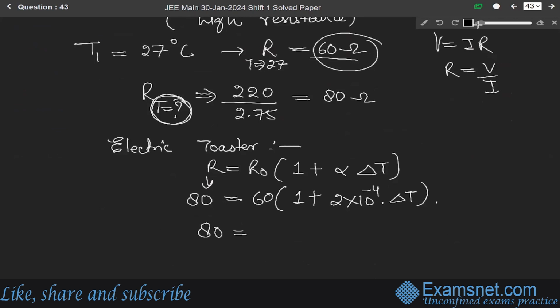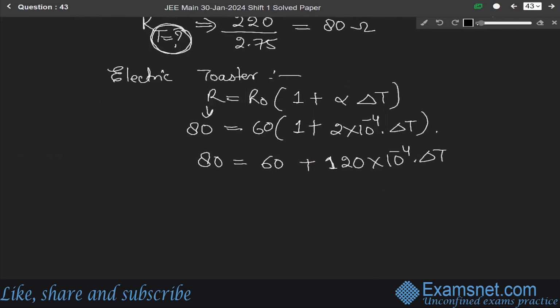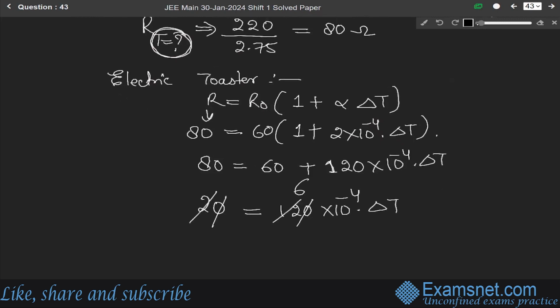Now solving it, we get 80 equals 60 plus 60 into 2, 120, into 10 to the power minus 4 into delta T. So 80 minus 60 equals 20. It will be equal to 120 into 10 to the power minus 4 into delta T. So 2 cancels out, 0 cancels, 2 in 6, 12.